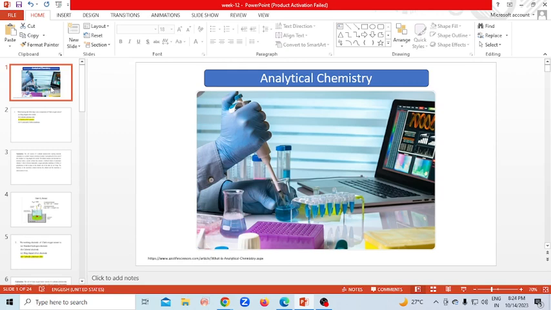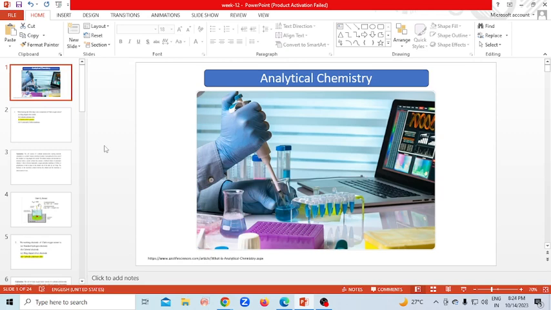Suppose you are producing electrons, so these electrons can be measured by current, by voltage, whatever. That way you can measure different constituents in your electrolytes or your sample. That's why it is very useful for analytical chemistry.